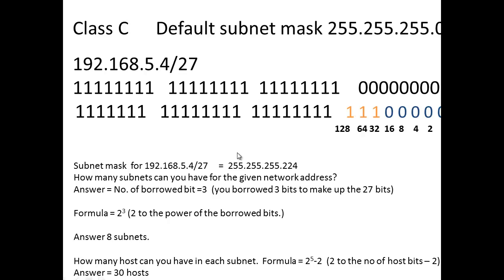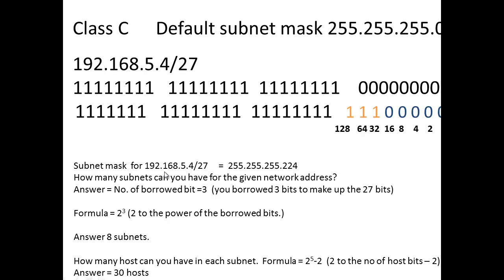You are given an address with a notation of /27. You're asked to find out what would be the subnet mask for this address. To find that out, you first have to find the number of bits that you need to borrow.